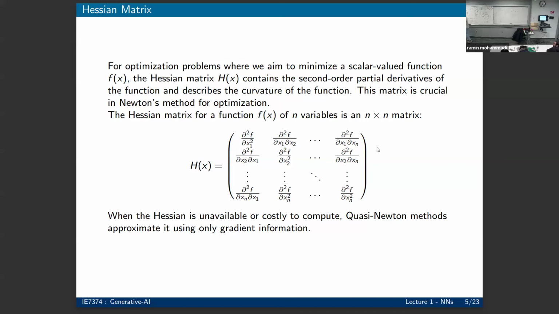The problem with the Jacobian is that your model can easily get stuck in some local or flat regions, right? Imagine you have a cost function that looks like this, and let's say this is flat.